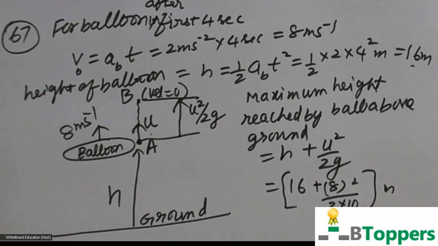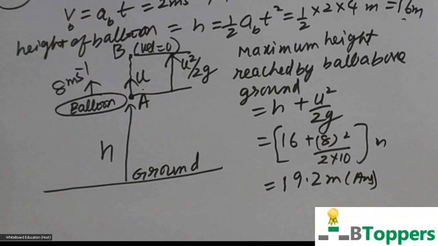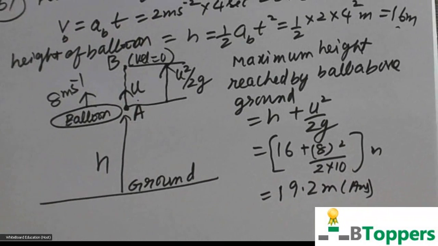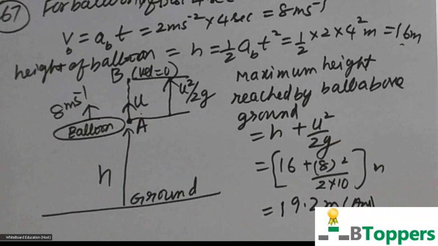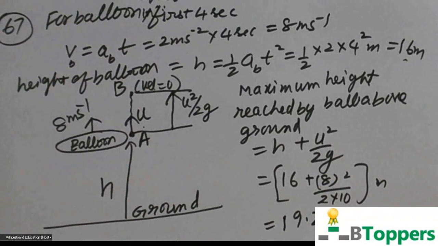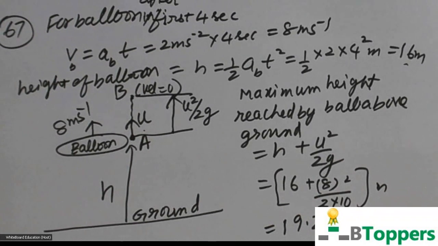So you can simplify this to get the answer. 16 plus 3.2, that will be 19.2 meters is the answer. If you want to copy the solution of the problem, you can take a pause and copy it.